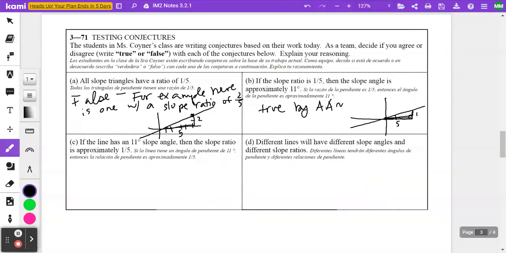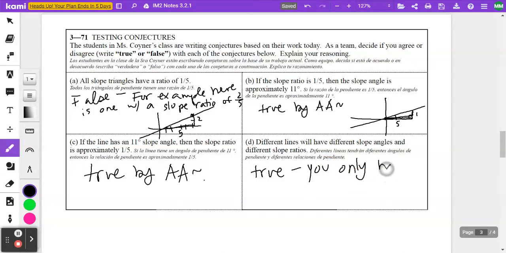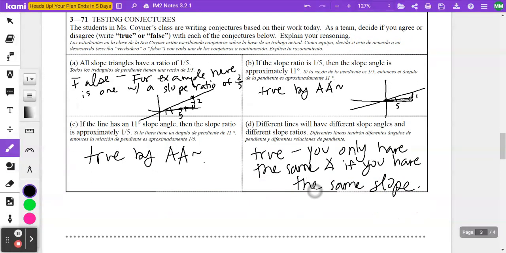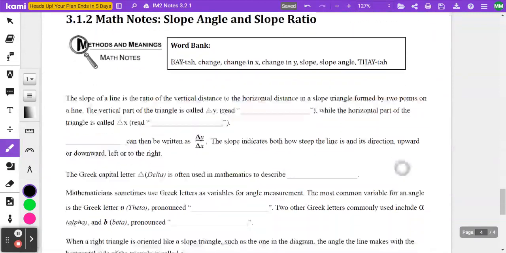If the line has an 11-degree slope angle, then the slope ratio is approximately 1/5. This is true by angle similarity. Different lines will have different slope angles and different slope ratios. This is true. You only have the same angle if you have the same slope. Period.